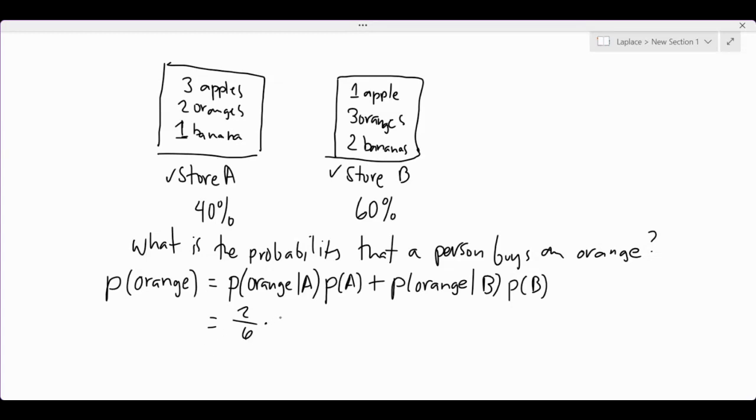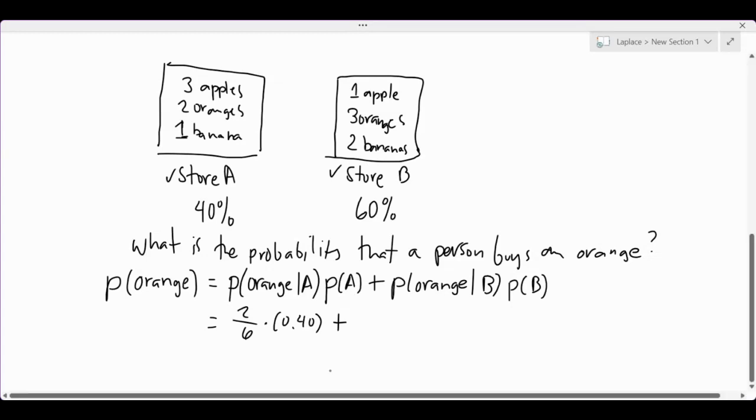And we multiply this with the probability of any customer buying from Store A, which is 40%, or in real number terms 0.40, plus the probability of a customer buying an orange from Store B, which in this case is equal to 3 over 6, multiplied with the probability of any customer buying from Store B, which is 0.60.